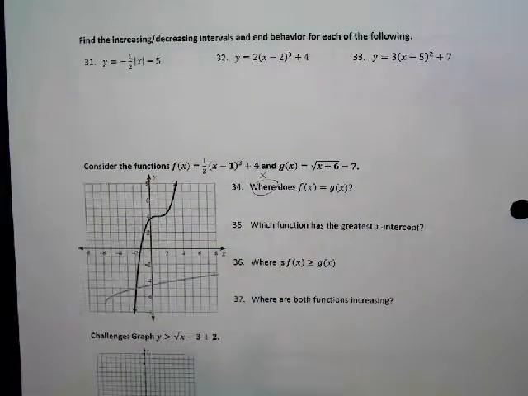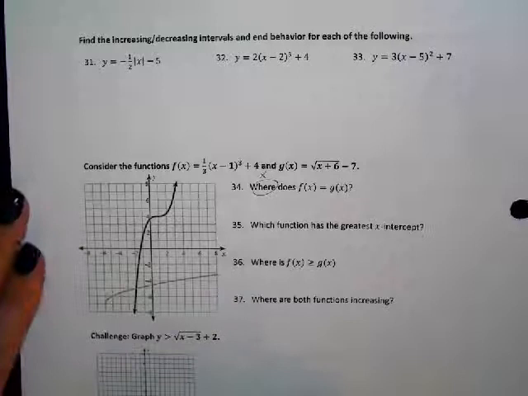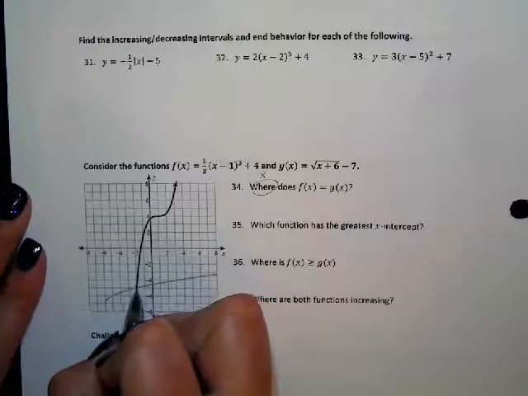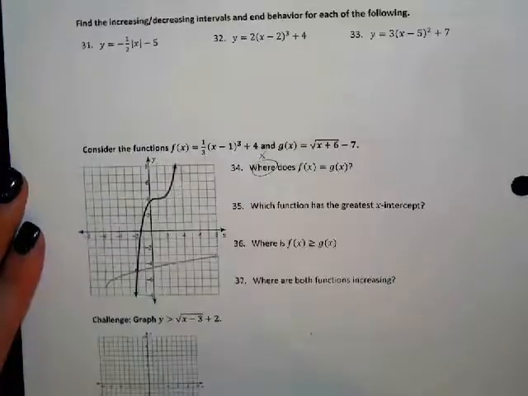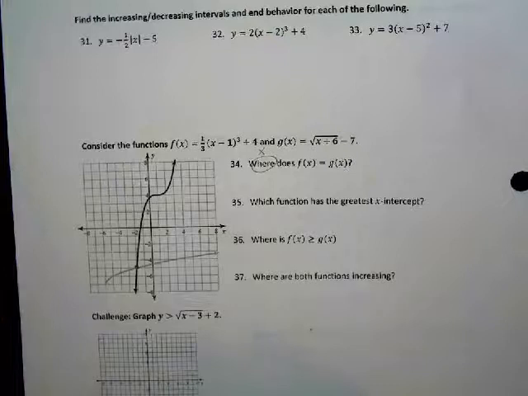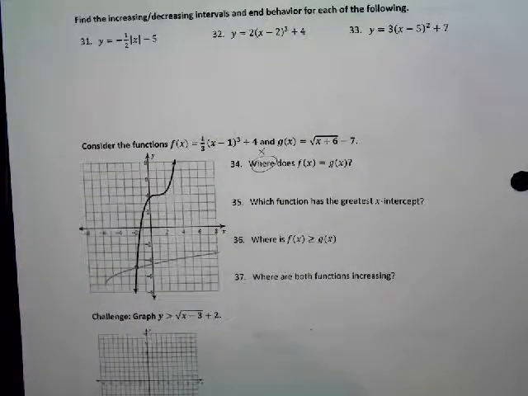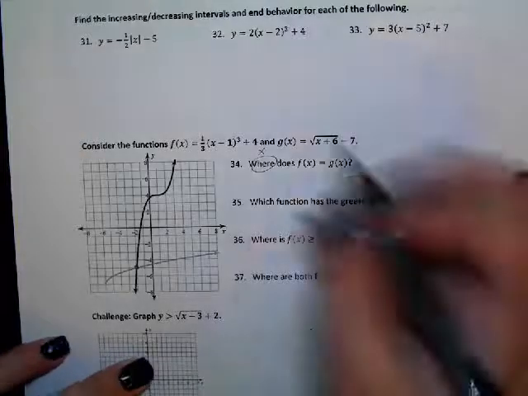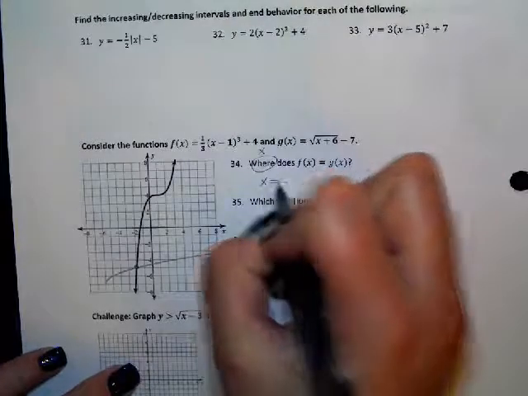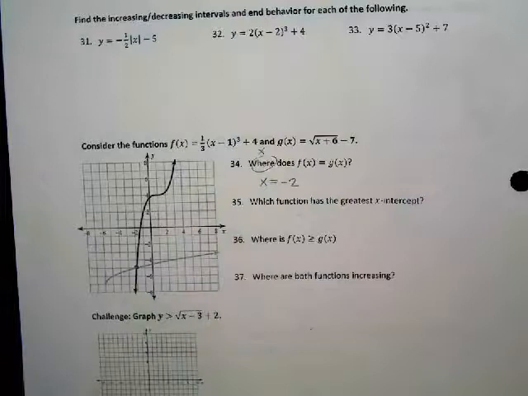So when they ask a question like where, that is an x value answer. Those actually cross each other at a very nice point. It's not a decimal answer. It's like a nice whole number. So what is the location where those two things cross each other? -2, -5. So we just say x equals -2. Call it good.